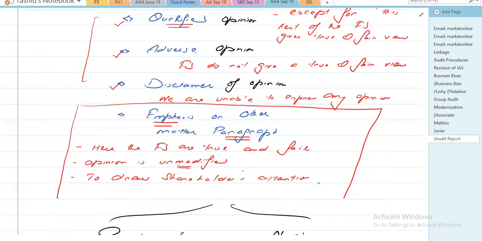Here the financial statements are true and fair, that is why the opinion is unmodified, but we want to draw the shareholders' attention, so we include an extra paragraph in the report.